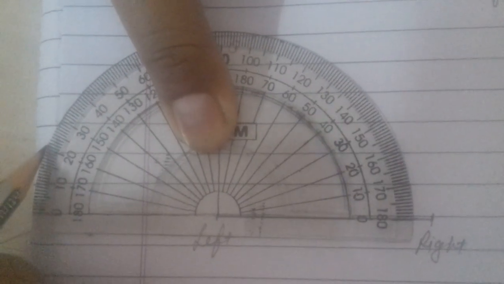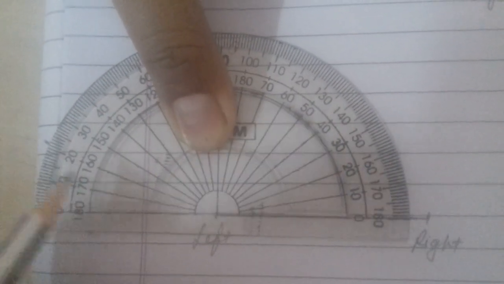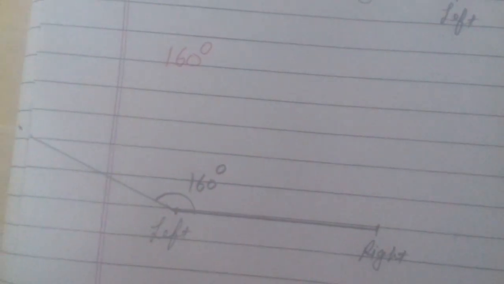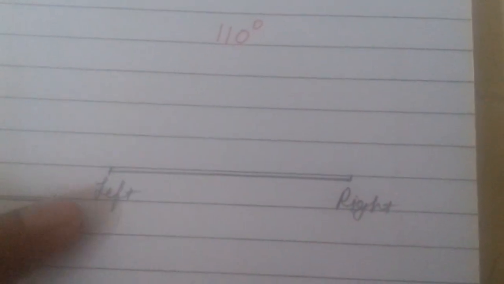Clear? So I will mark a point over here in front of 160. Now you can remove your protractor and join this dot with this dot. That is 160 degree.